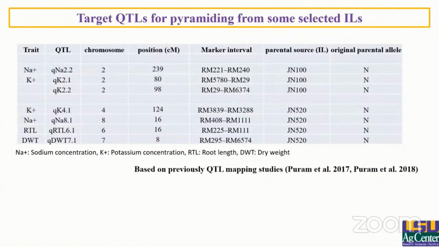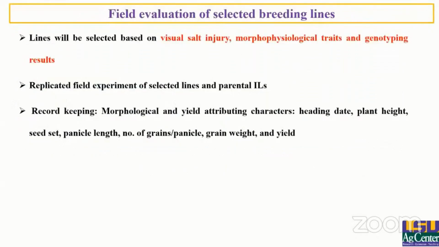And for the genotypic selection, those are the target QTLs for the pyramiding from those selected ILs. Those are based on previous QTL mapping populations. Once we fix the lines, they will be selected based on visual salt injury, morphological traits, and the genotypic results.